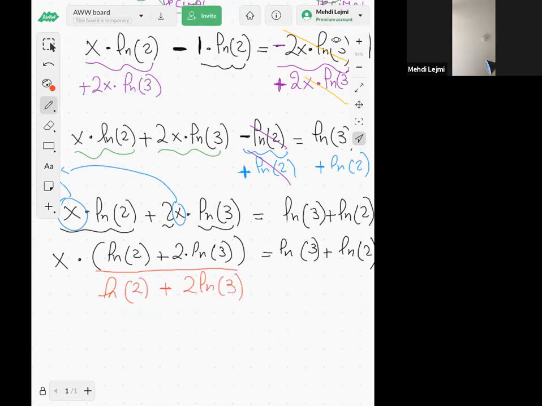Right, because when you divide by the same thing, it's just going to cancel out. It's going to be just equal to 1, right? This thing here. But then, of course, you have to divide by the same thing on the right side. So here I have to divide by the same thing. So it's natural log of 2 plus this 2 natural log of phi.